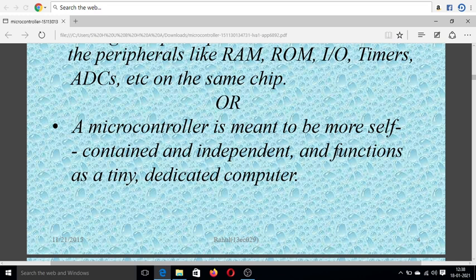Whereas in the microcontroller, all these are integrated into a single chip, so it is called a single chip computer. The processor is nothing but a CPU only, whereas the controller controls the operations of the devices interfaced with it.